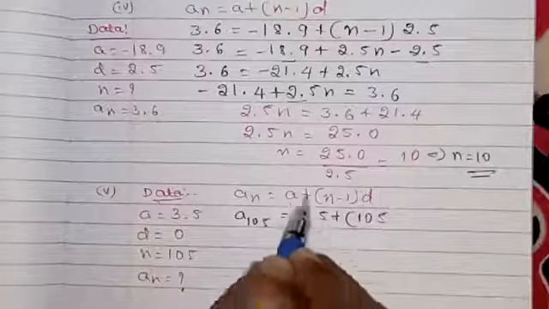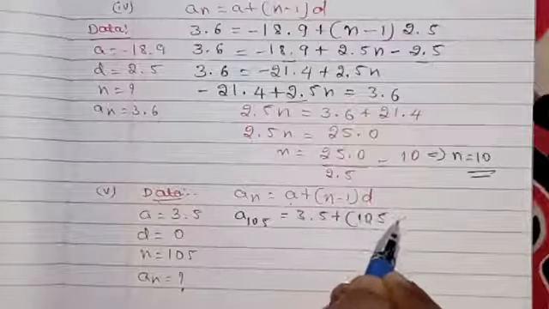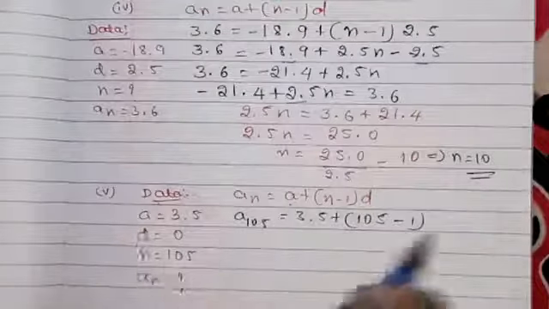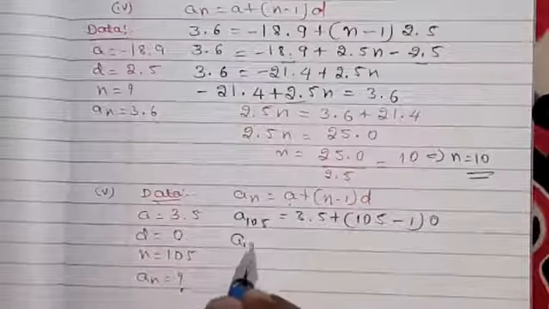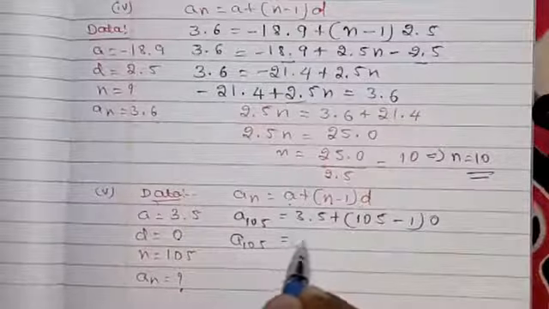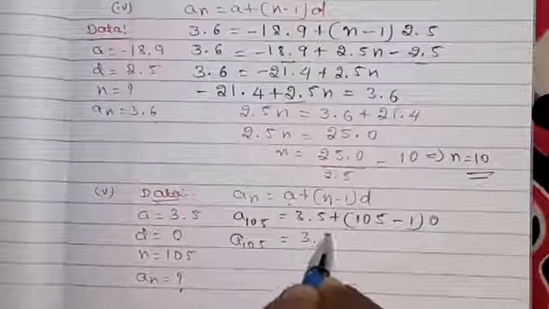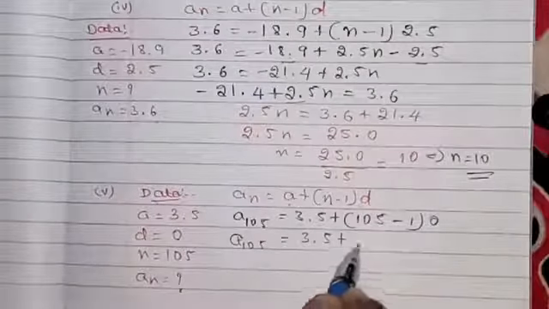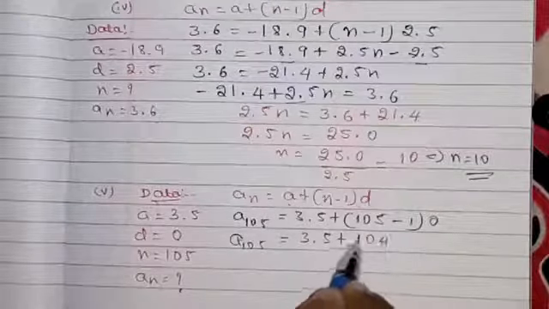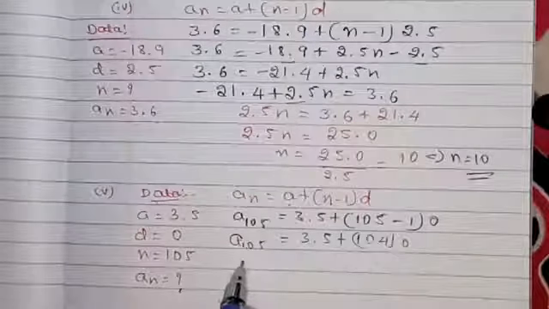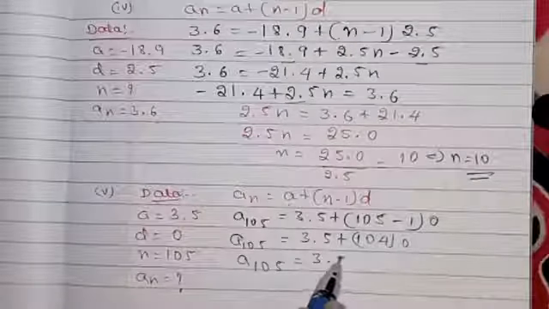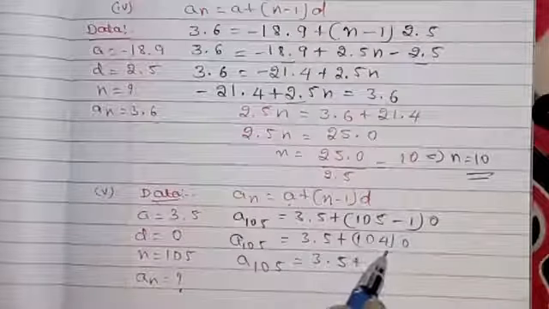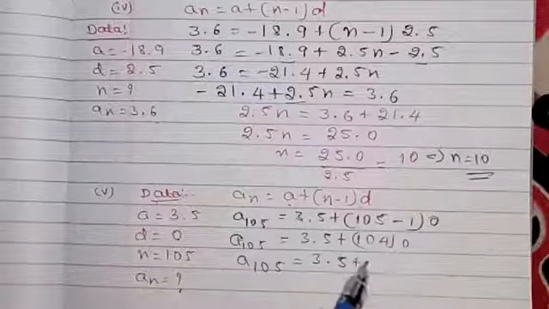a value is 3.5 plus n is 105 minus 1 into d is 0. Okay, now here, a105 is nothing but 3.5 plus 105 minus 1 is 104 into 0. So therefore a105 is equals to 3.5 plus, if you multiply any number by 0 it is nothing but 0.